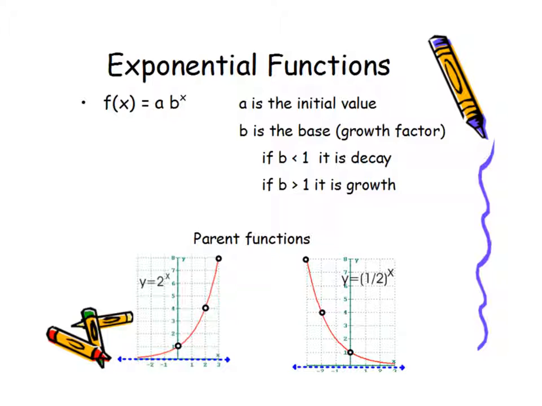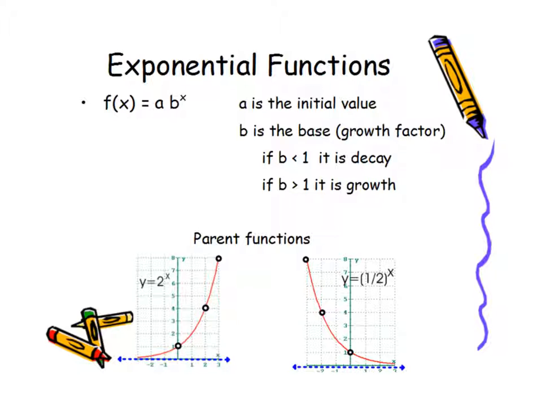The big difference between these two is this base of the exponential. If you look back at the standard form of an exponential, that base value is your b. It's what you're taking to a power. The a value is always going to be your initial value. The initial value occurs when x is 0.